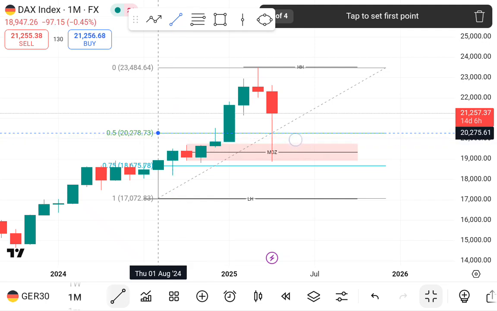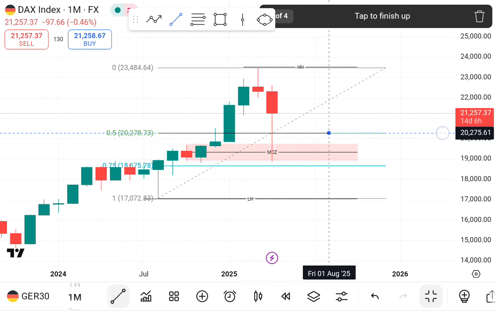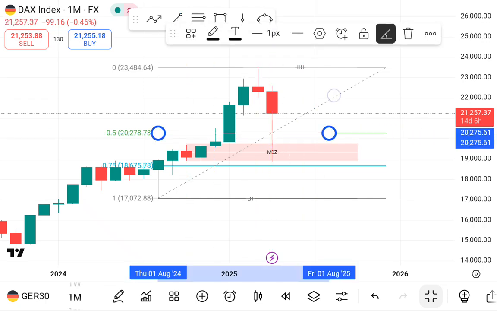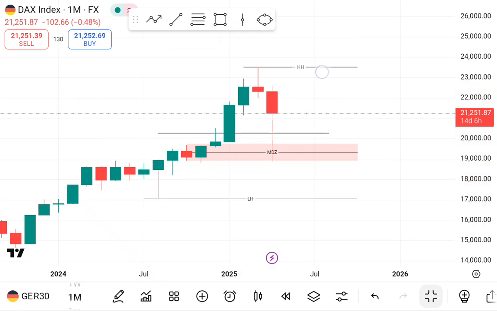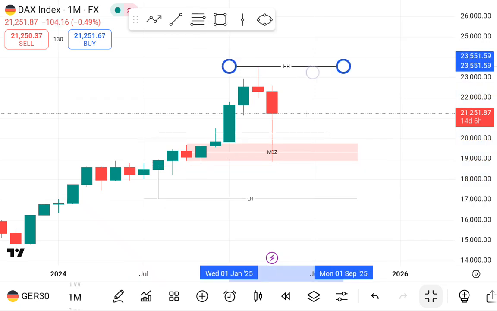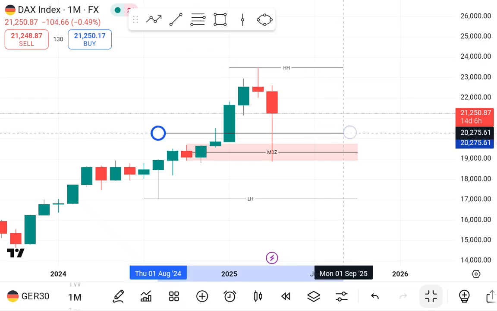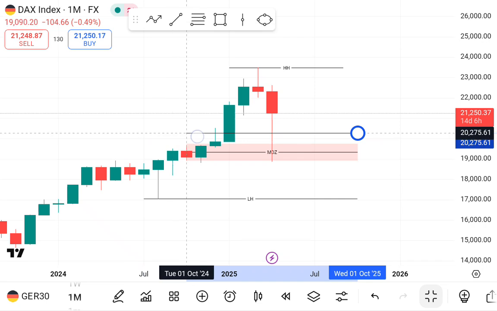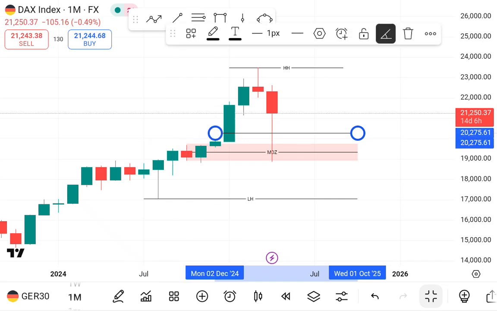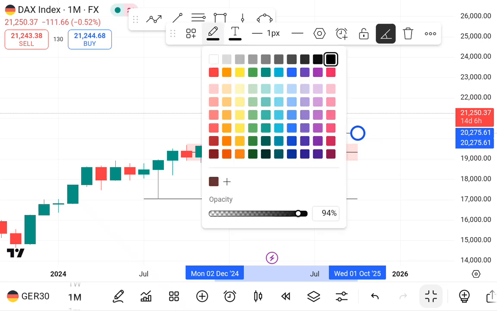I want to see where the price was on the 50% discount and on the 75% discount. So I usually have two entries, which are my 50 and 75. I'm more keen on entering on 50 if price closes above 50 and respects it as a resistance, and I'm more likely to enter around 75 when it does the same thing.